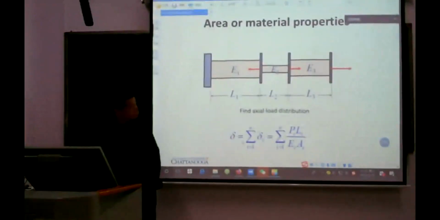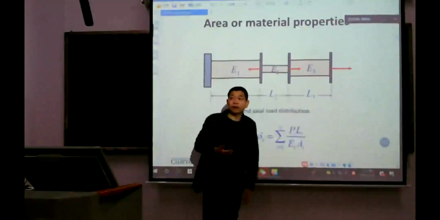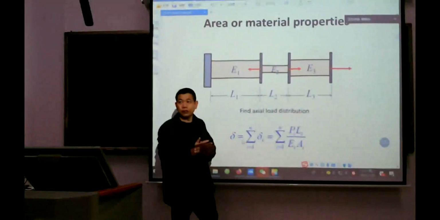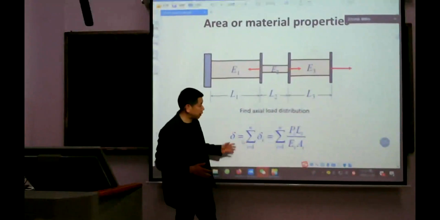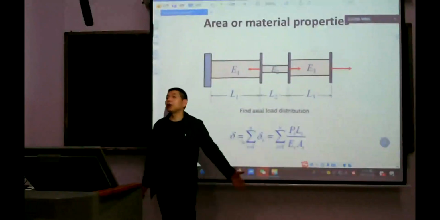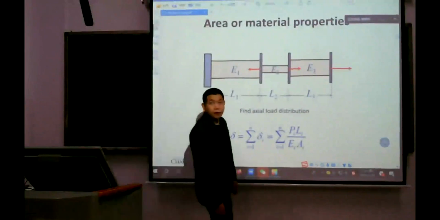You divide it into 3 parts. Sum the deformation of every part, and we can get the deformation of the whole rod. But sometimes it is positive, sometimes negative.